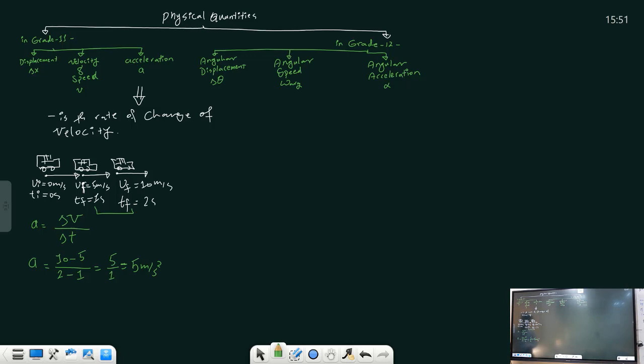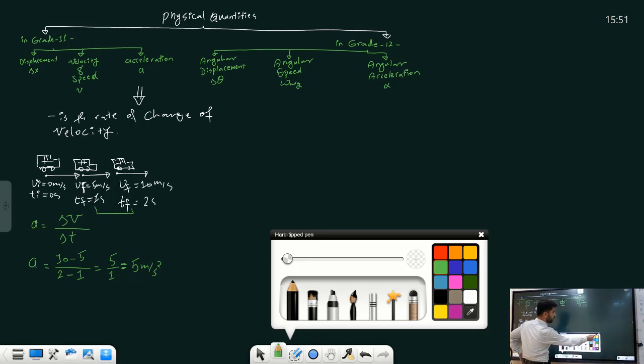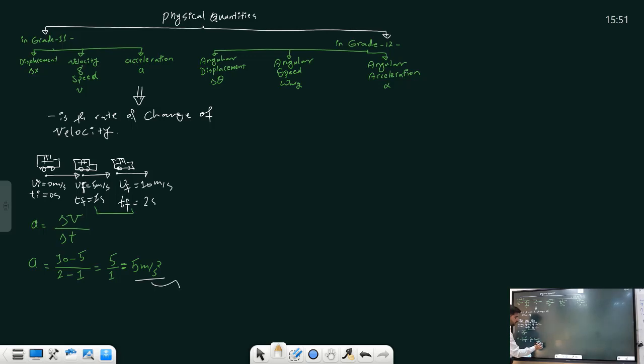So look at this result. This result tells us that the speed of the car is increased by 5 meters per second each time. So this is the magnitude of the acceleration. Here the acceleration is positive.